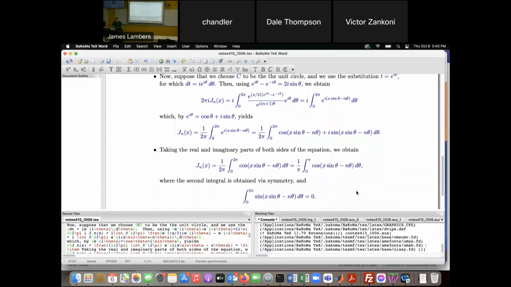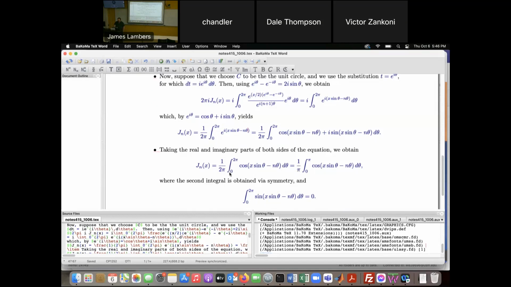Now, we break this up into 2 integrals. So this comes from a real part, and it actually simplifies to this.